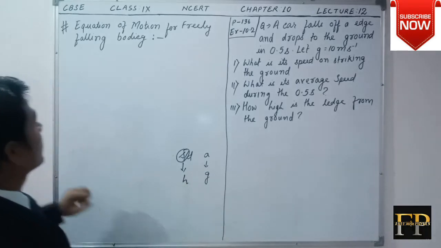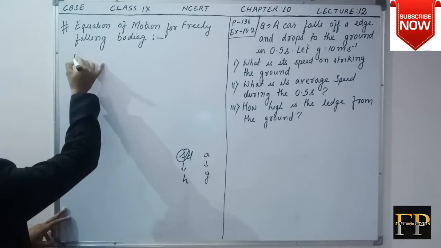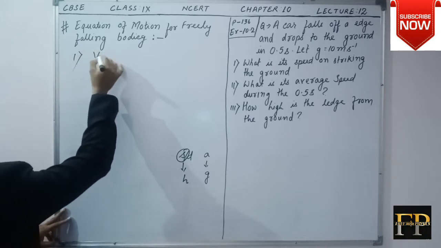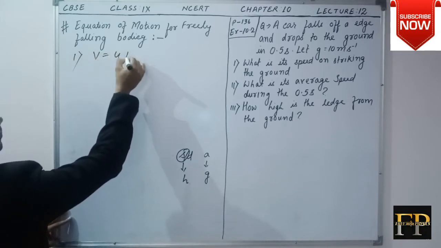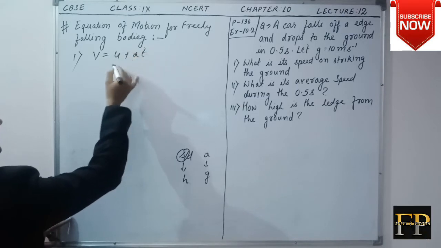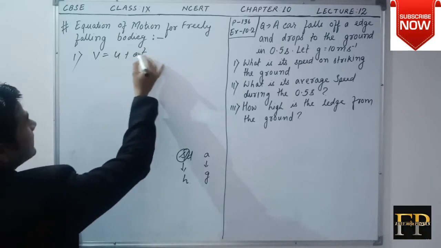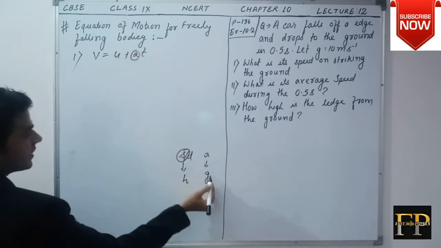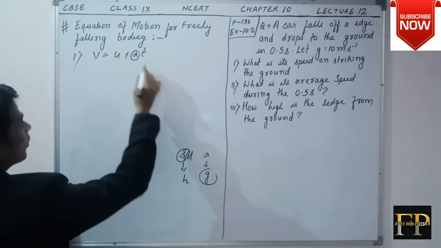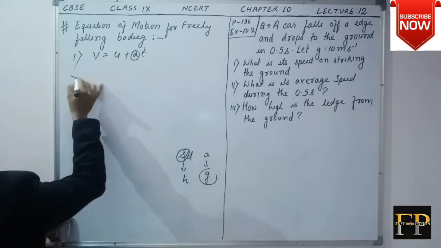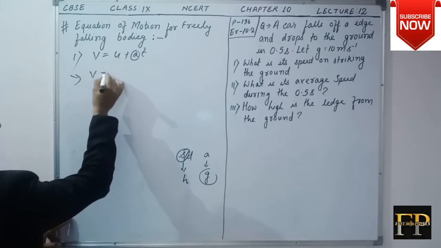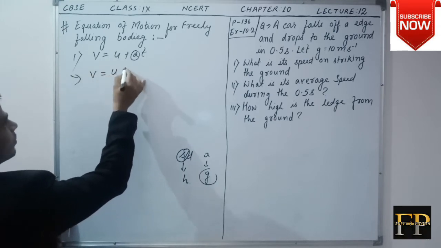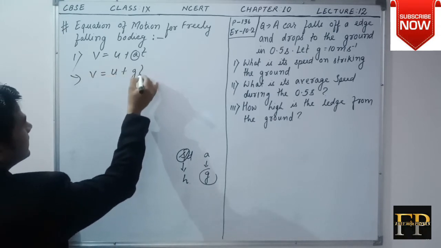From the equations of motion, the first equation is v = u + at. In this equation, a will be replaced by g, so the equation becomes v = u + gt.